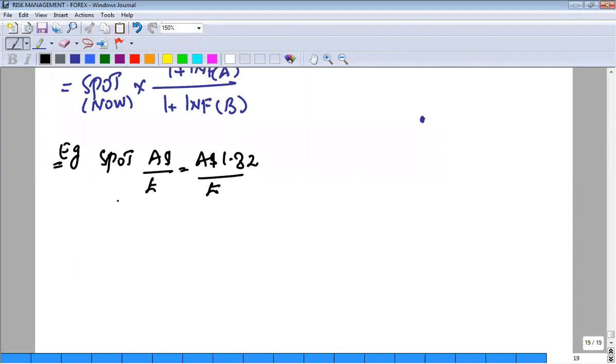And this is the spot. Inflation in Australia and England, for example, Australia 1.6% and England 1.2%.